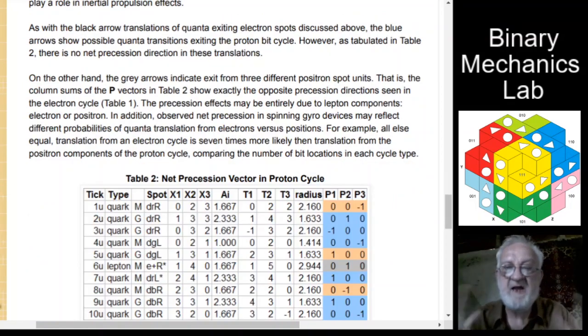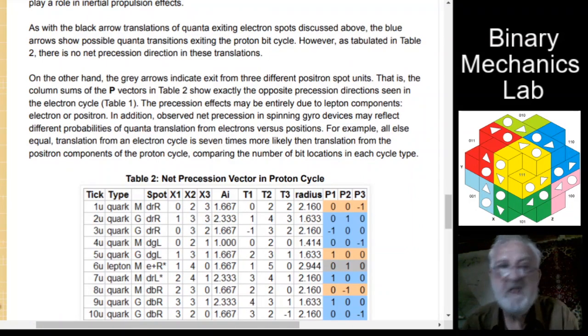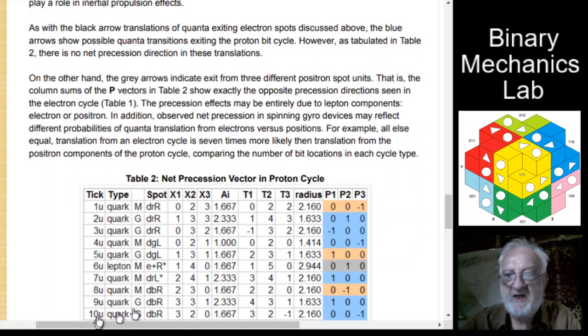As with the black arrowed translations of quanta exiting the electron spots discussed above, the blue arrows show possible quanta transitions exiting the proton bit cycle. However, as tabulated in Table 2 in the rows highlighted in blue here, there is no net precession direction in these translations.